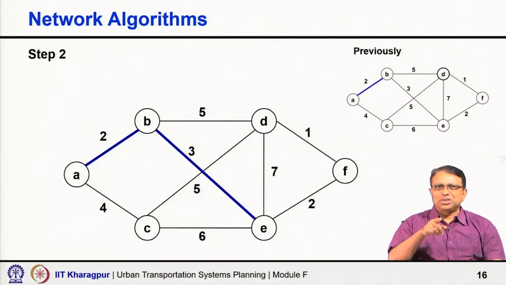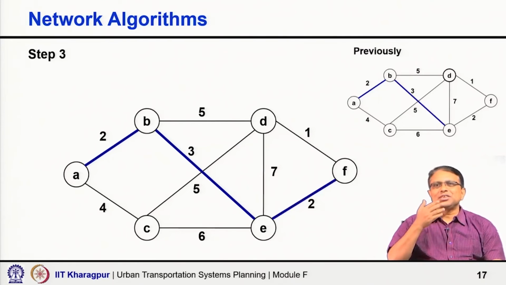So, I have A to C 4, C to E 6, E to D 7, E to F 2, B to D 5. Which is the lowest one? E to F. So, next E to F.